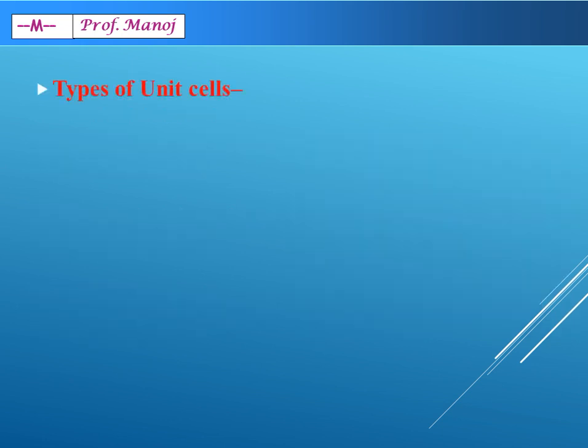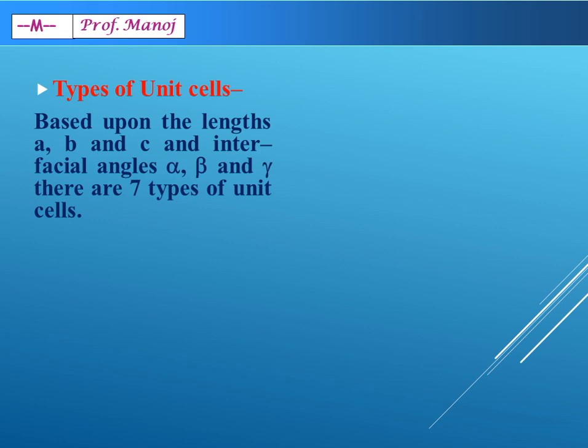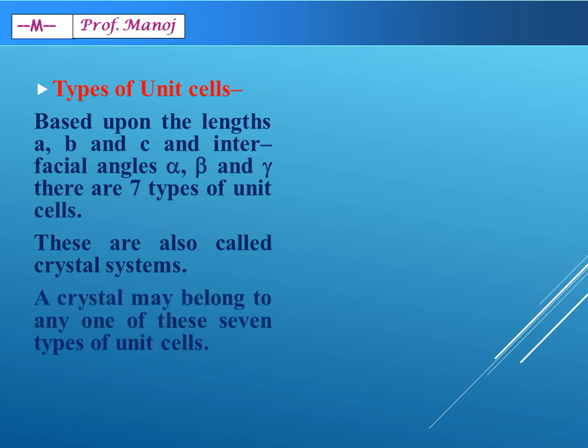Depending upon the different values of a, b, c and alpha, beta, gamma, there are 7 types of unit cells. These 7 types of unit cells are also called 7 crystal systems. Any crystal in the world we discover has to belong to one of these 7 types, and no other type has been discovered so far.